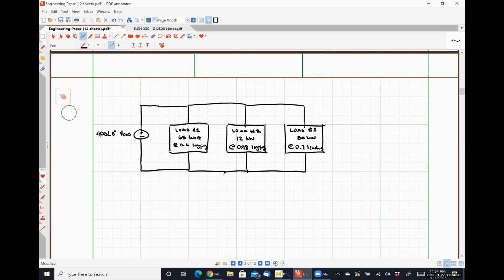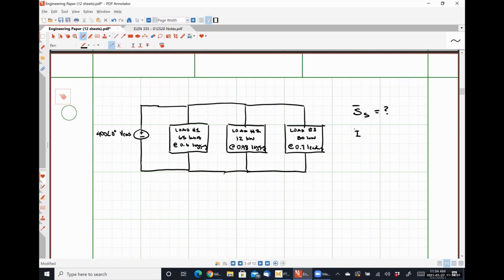What we want to figure out is what the complex power being supplied by our source is. So S source. I want to know the current that's being drawn by the source.